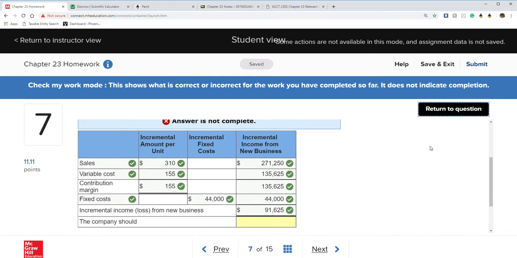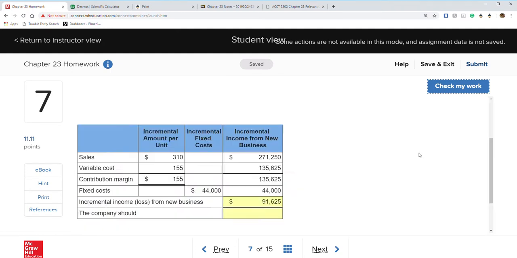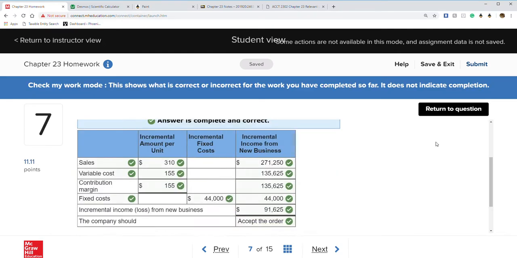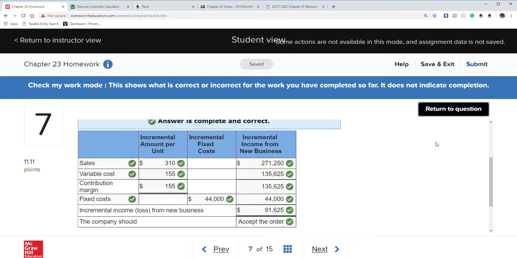It is. Awesome. So now let's answer the question. Should the company accept or reject? Well, there's an income, so you definitely want to accept it. If it was a loss, you're going to reject. So again, finish, check my work. Answer is complete and correct, and we're good to go.